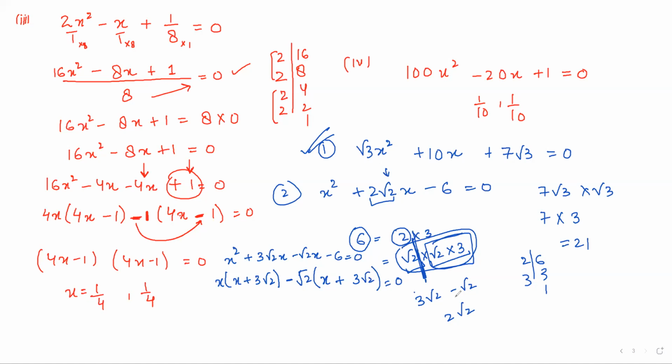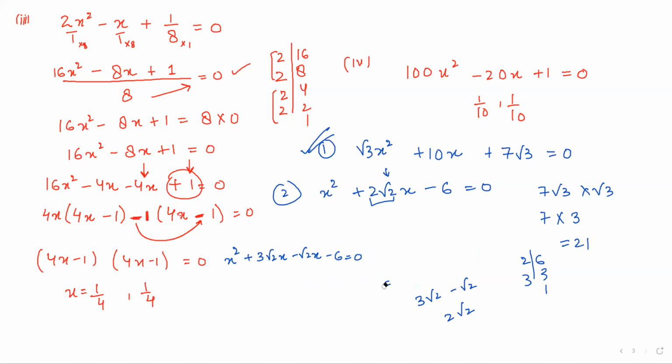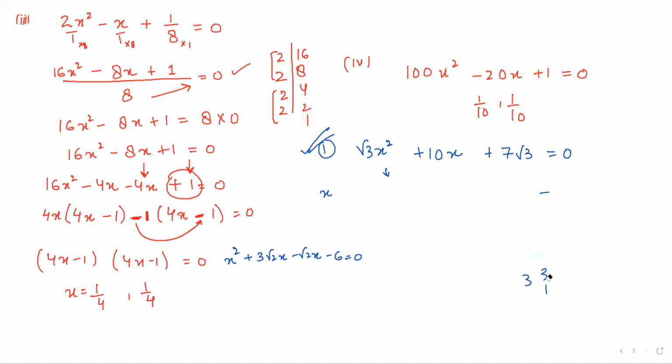Or like we split them into roots. Okay. Let me do this step again, just one more time. What was my question? The original question was this: x square plus 2 under root 2x minus 6 is equal to 0. So I was actually prime factorizing 6.